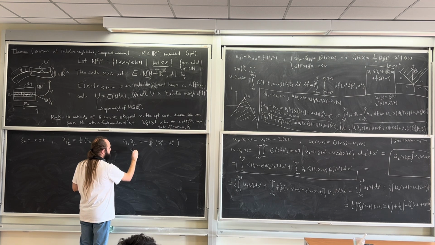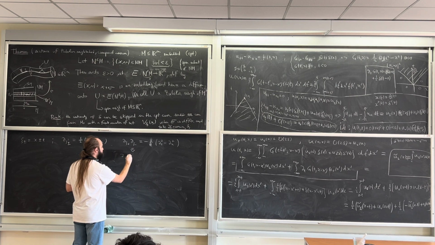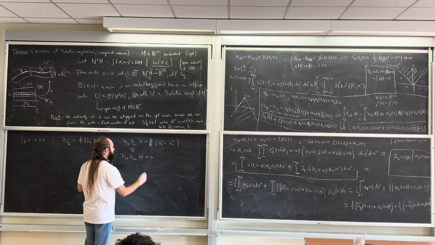So because of this our wave equation turns into partial xi plus partial xi minus u equals 0.